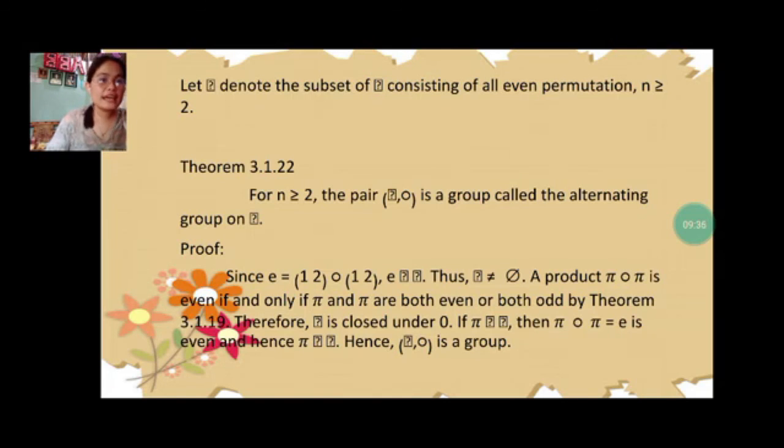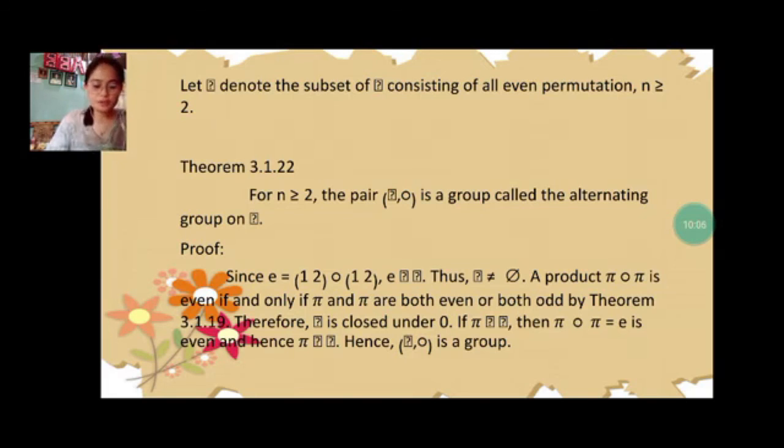Proof. Since E is equal to (1 2) composed with (1 2), an element E is an element of A sub n, and thus A sub n is not equal to the null set. So, it is not empty. A product of pi and sigma is even if and only if pi and sigma are both even or both odd by theorem 3.1.19.